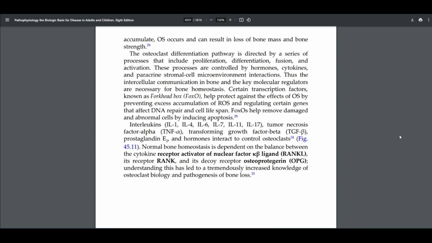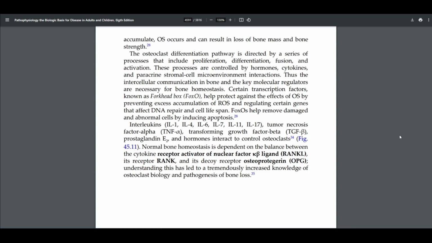Interleukins 1, 4, 6, 7, 11, and 17, tumor necrosis factor alpha, transforming growth factor beta, prostaglandin E2, and hormones interact to control osteoclasts.